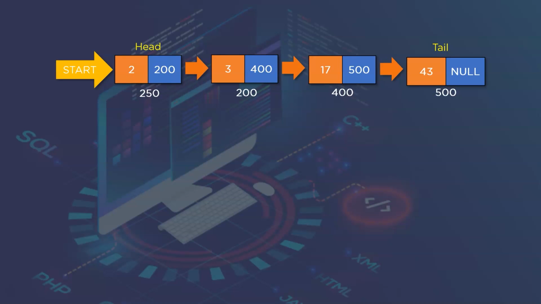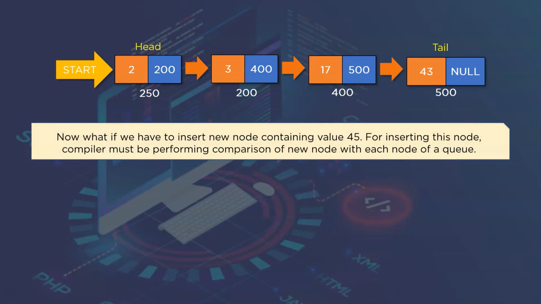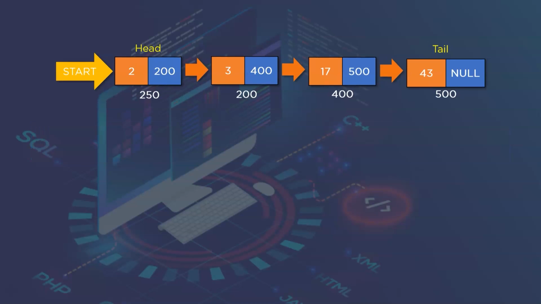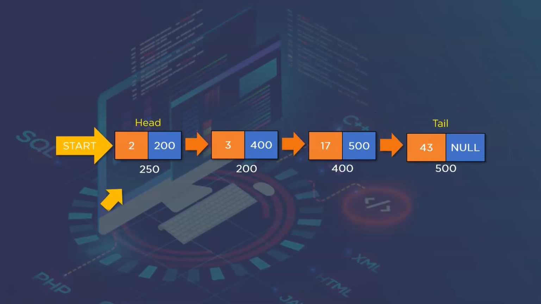This particular scenario of insertion seems pretty perfect as it does not cost us more time. But what if the element is significantly larger than all the nodes in the queue? For instance, let's say we want to insert 45 as a new element. In that case, primarily it will be compared with element 2, and as 45 is larger than 2, our temporary pointer will move to the next node for comparison.